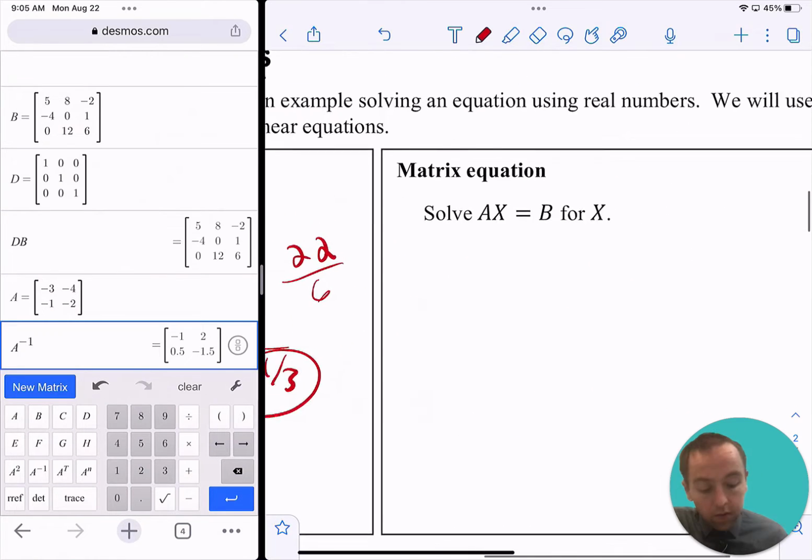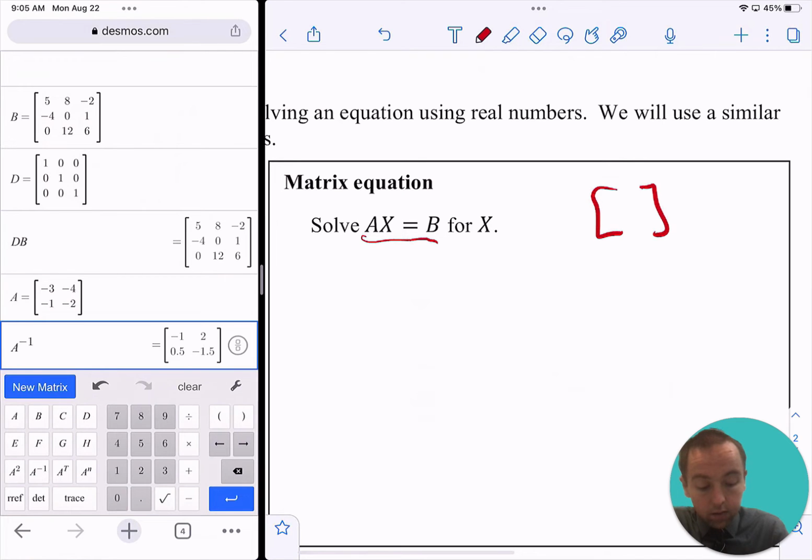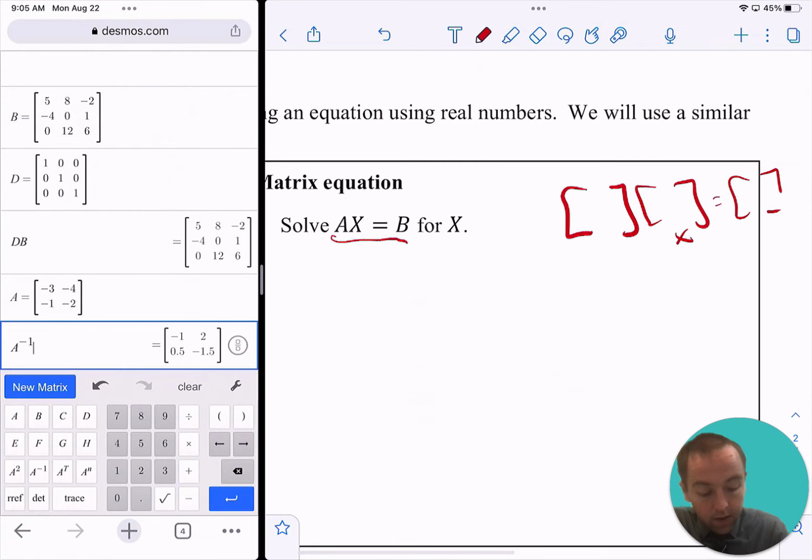If we were to try to do that with matrix equations, in this sort of scenario, if I have a matrix A multiplying with the matrix X and it equals another matrix B, so there's A, there's X, and it equals B, right? If you were trying to solve to get the X alone, you might think, oh, could we just divide by matrix A there, and then that would cancel those out?